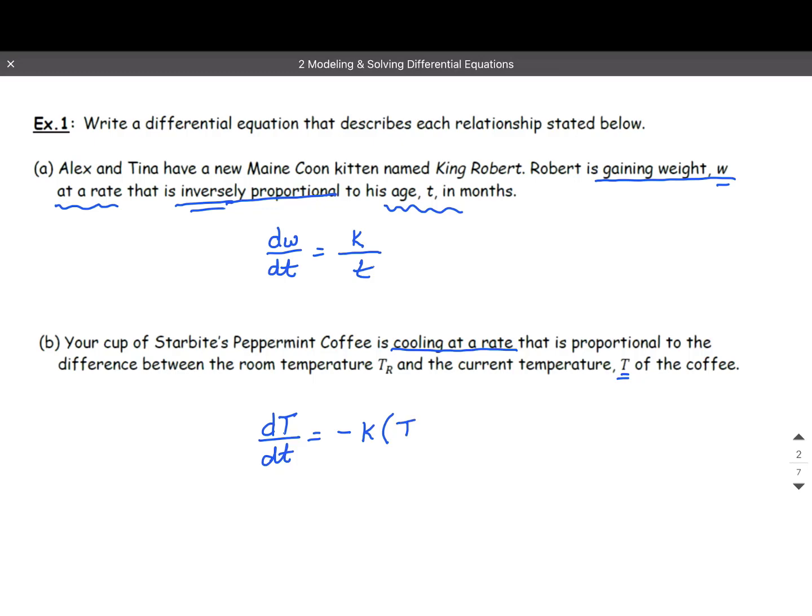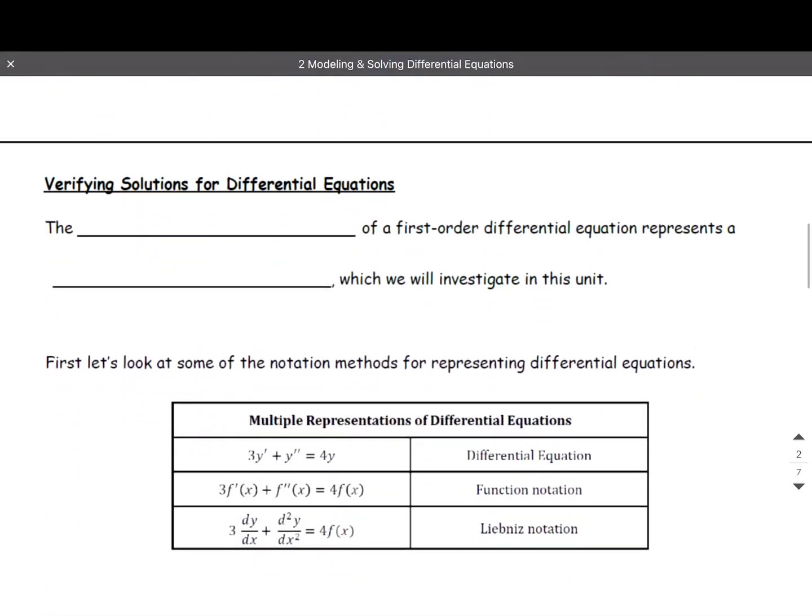Well, the coffee is probably hotter, so T minus T_R, and there's our differential equation. Awesome. Okay, read the problem through first, then go step by step and translate a little bit at a time.